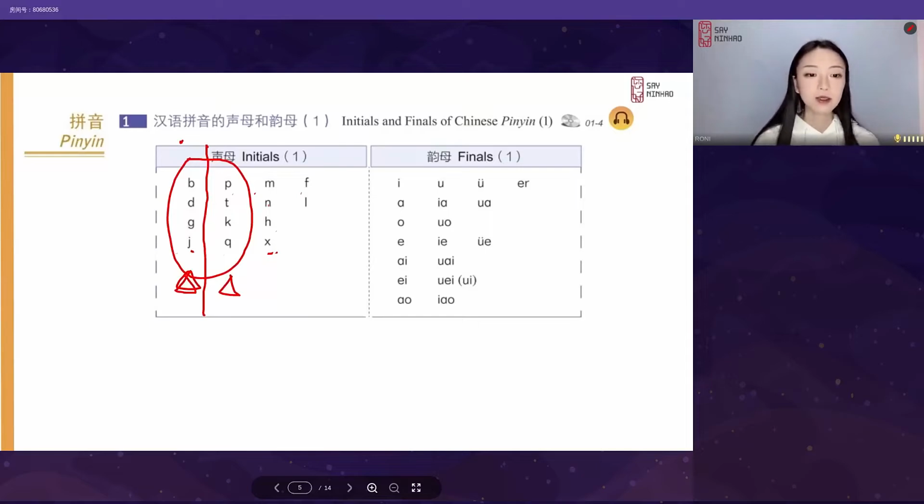So now let's try to read them from the start, each once, okay? 3, 2, 1. 波 坡 摸 佛 的 特 呢 了 歌 科 喝 鸡 七 西. Don't forget about the air and the position of your tongue.